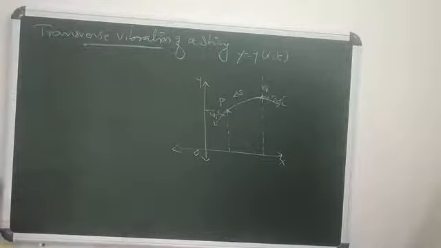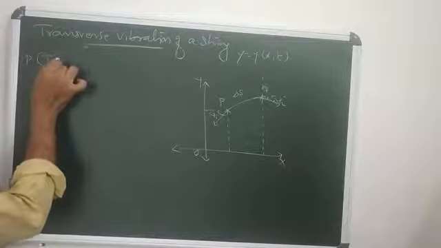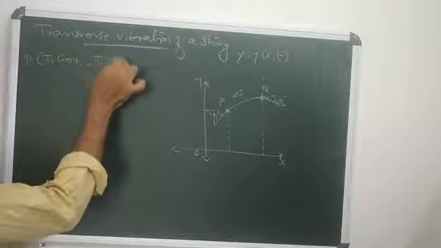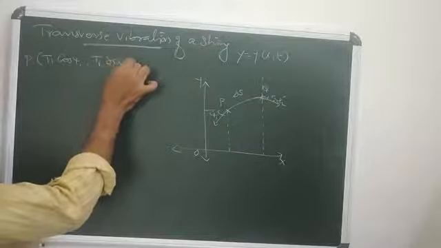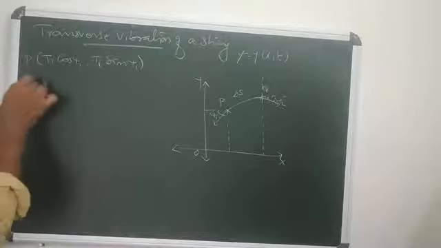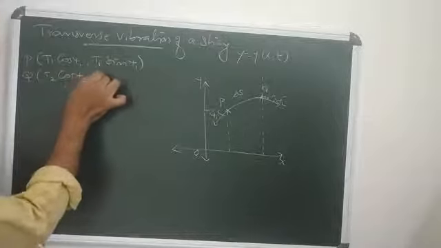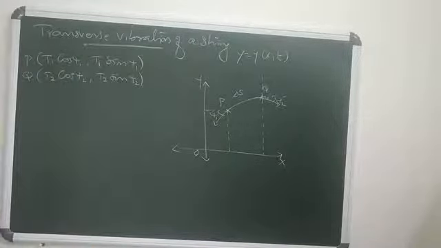So the coordinates of P are T1 cos psi 1, T1 sin psi 1, and that of the point Q are T2 cos psi 2, T2 sin psi 2. Okay, then consider the equation of motion.